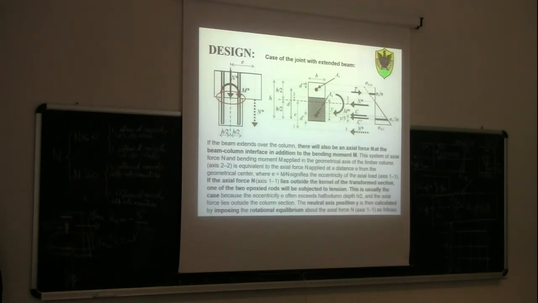First of all, if you remember, we can calculate the eccentricity of the axial force. The eccentricity of the axial force will be the ratio between the bending moment and the axial force.